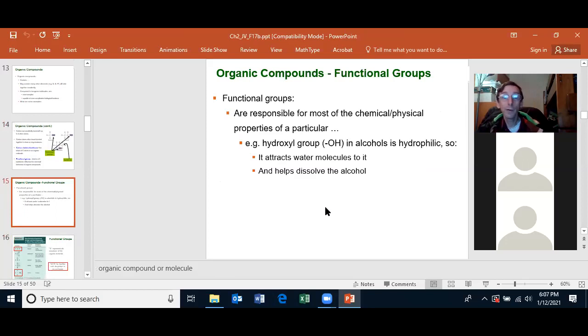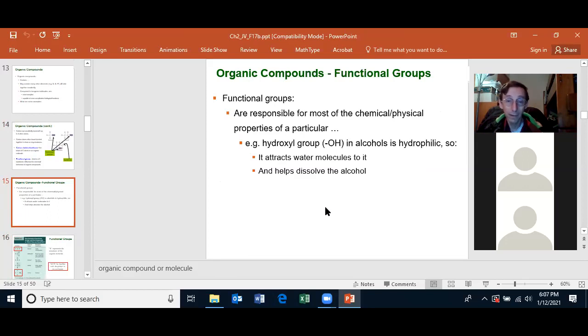So functional groups are responsible for most of the chemical and physical properties of a particular organic molecule, particularly of the biological molecules, but of any organic compound.